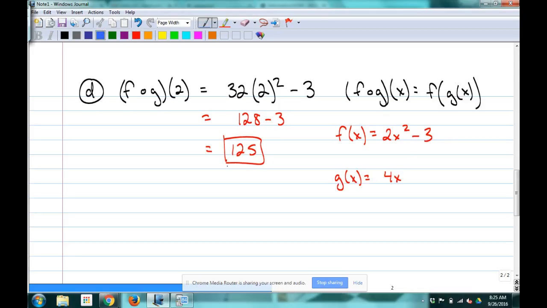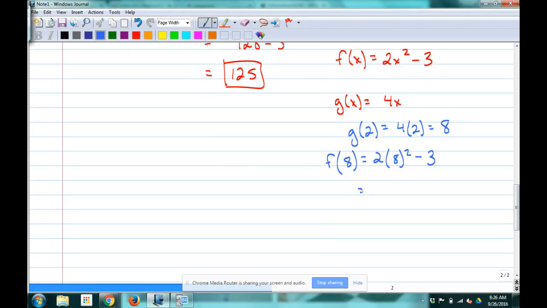And think about order of operations here. Inside happens first, right? So I can find g of 2, which would be 8. And then I would find f of 8, which is still 128 minus 3, which is 125.